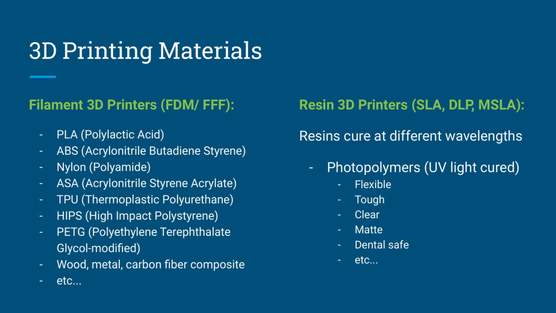For filament 3D printers, the FDM/FFF printers, some of the most popular and most common ones are PLA, called polylactic acid, ABS, nylon, ASA, TPU, which is a flexible material, HIPS, PETG, wood, metal, and carbon fiber composites, which may have PLA or ABS as the base or nylon as the base and has some wood particles or metal flakes in there or carbon fiber flakes.